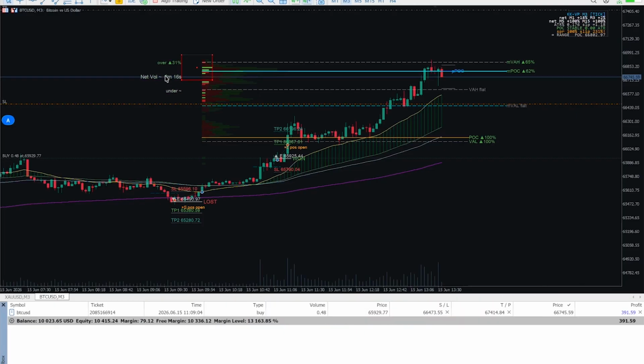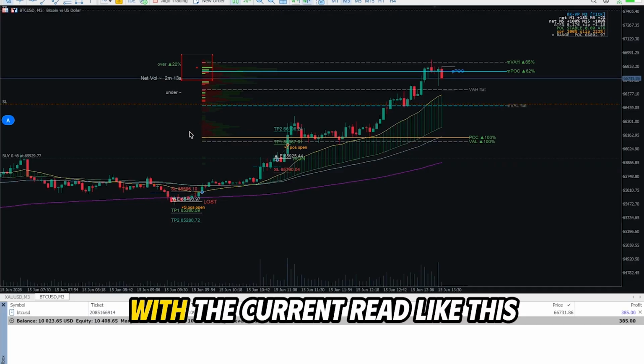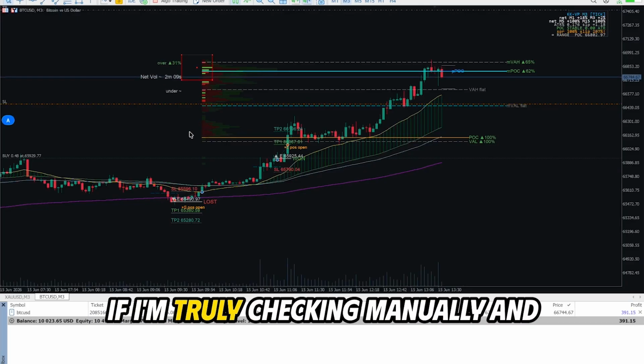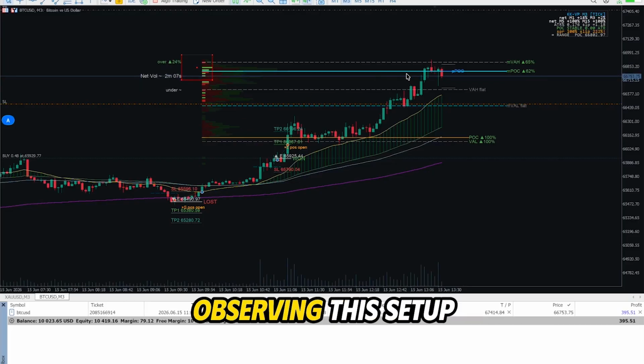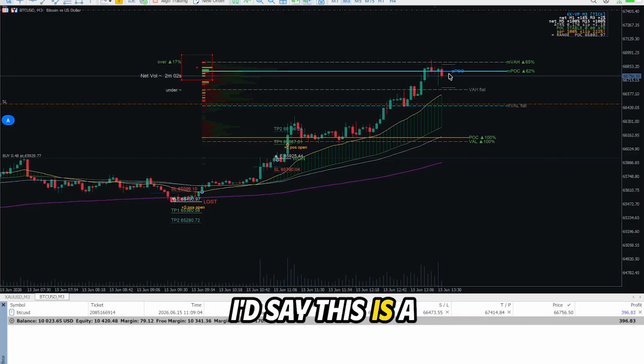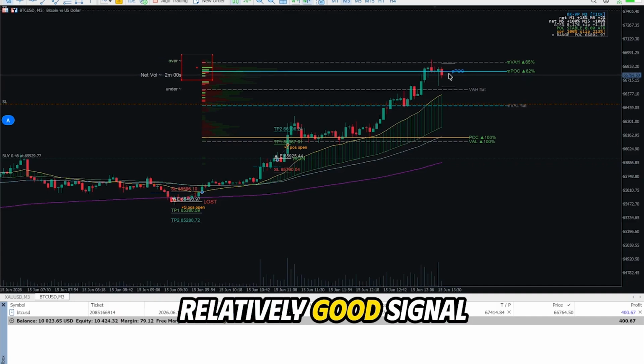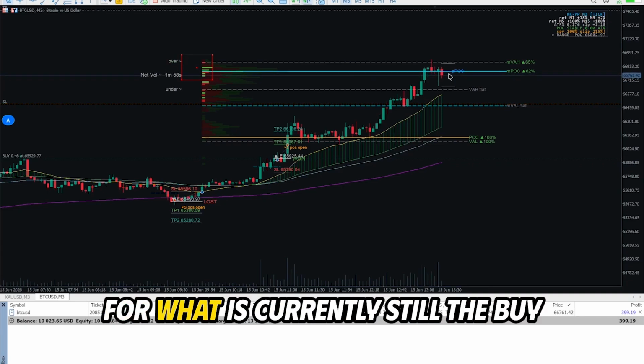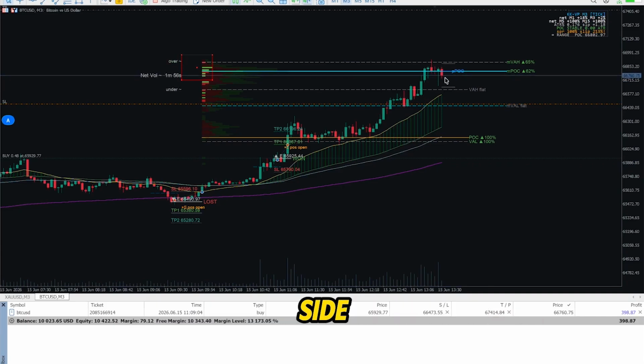That's something I can improve in the bot. So with the current setup like this, if I'm truly checking manually and observing this setup, I say this is a relatively good signal for what is currently still the buy side.